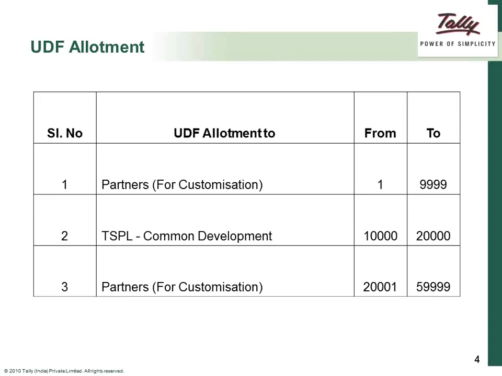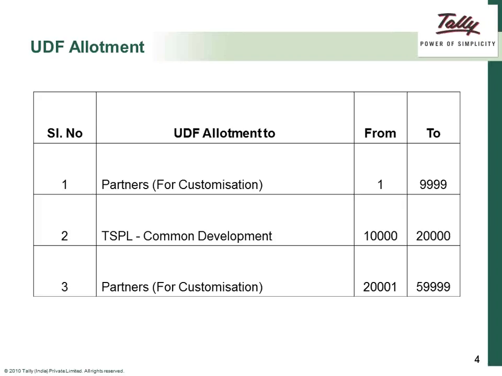And this is the UDF allotment provided. Developers can use UDF numbers from 1 to 99, from 1 to 9,999, and from 20,001 to 59,999.